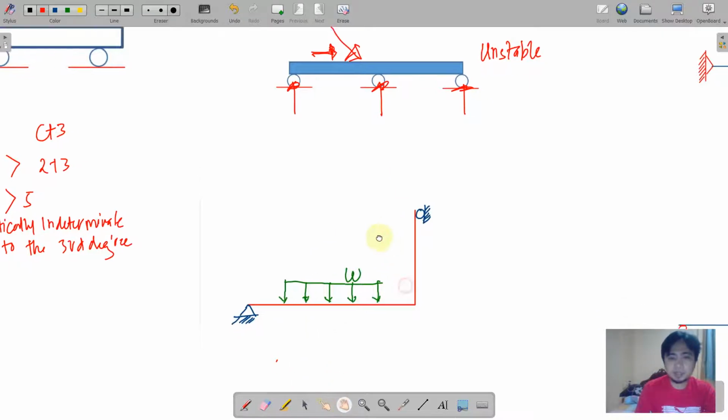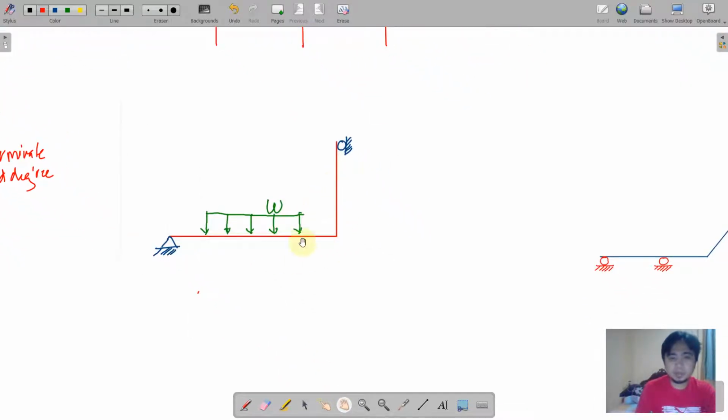Okay, for the next beam, this beam has a rigid connection between the vertical and the horizontal here. It is loaded downwards. This has a mechanism of instability, because if we load this one, the role of the roller here is just to push this beam horizontally.